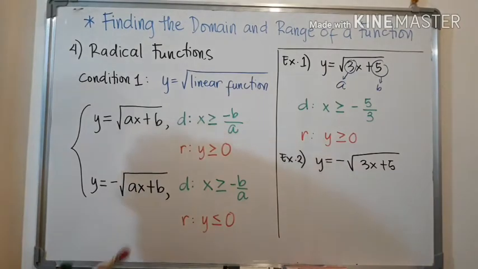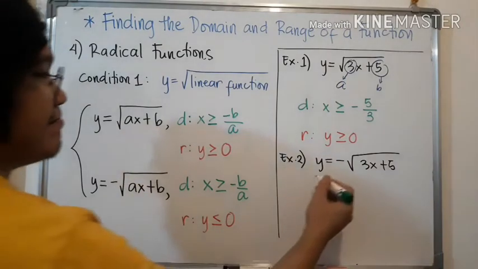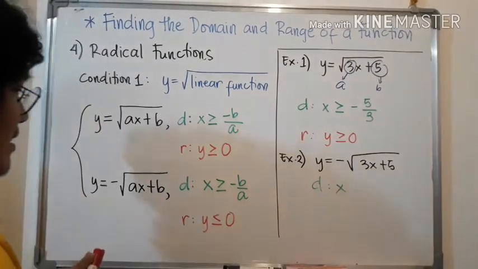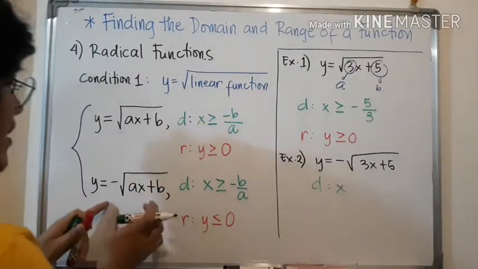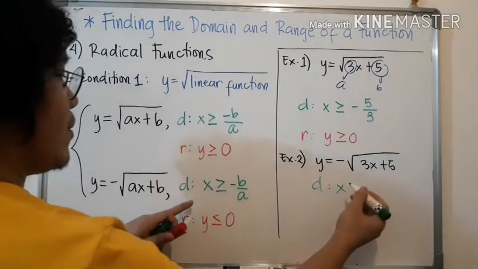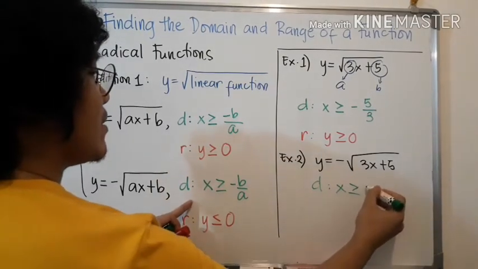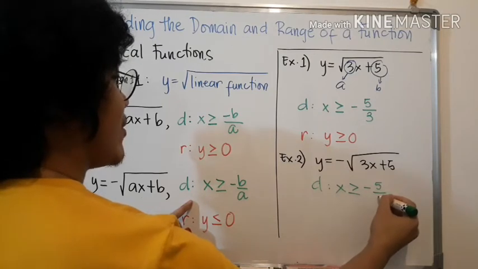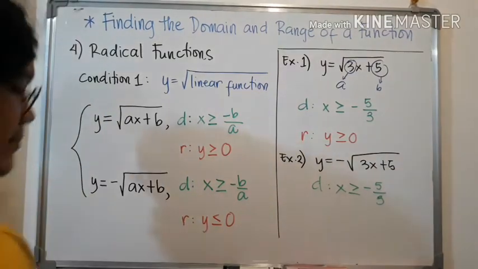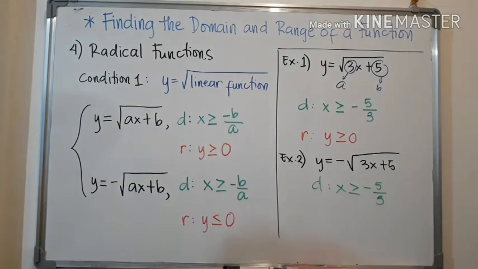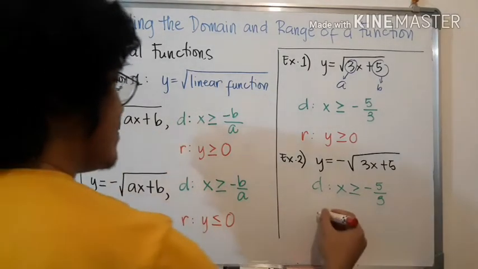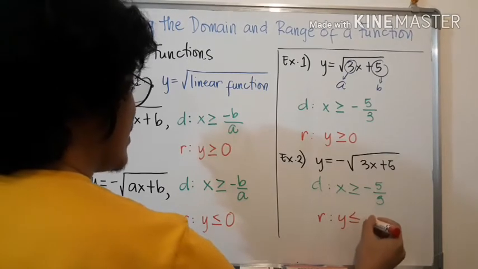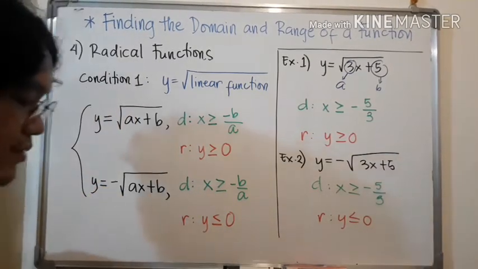So the domain is the set of all x greater than or equal to negative, our b is 5 over a, which is 3. That is our domain. But its range is the set of all y's less than or equal to 0.